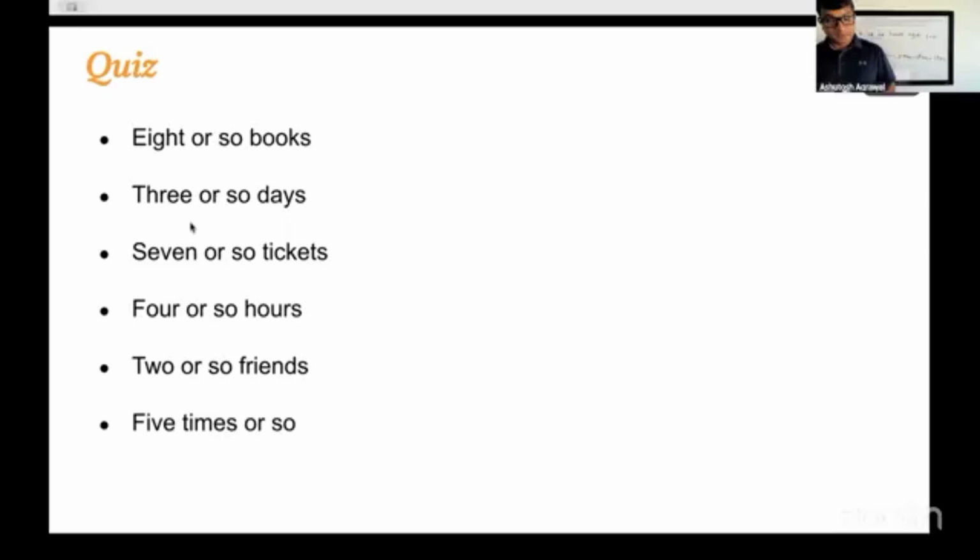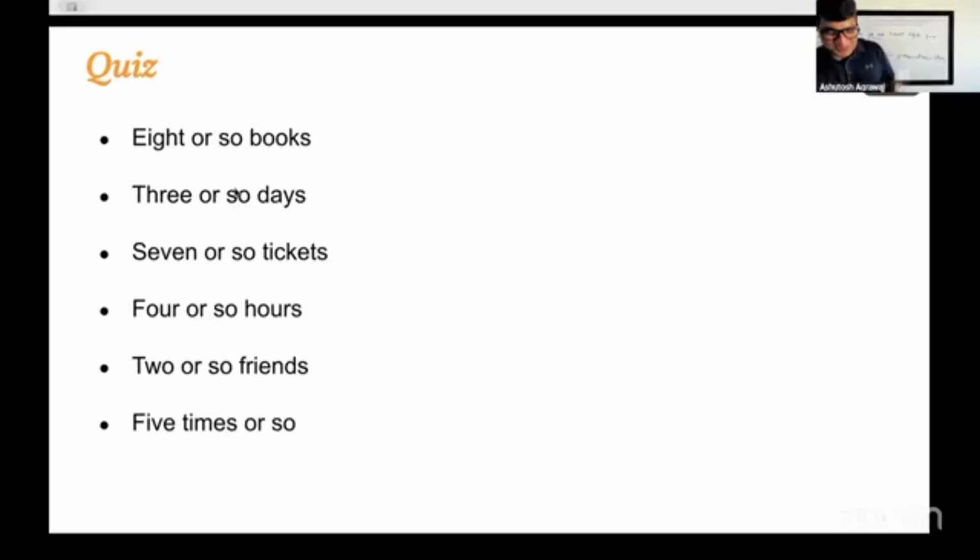Main jaungi. So main Mallorca ko teen ek din jaungi. Okay, for three or so days. Very good. It's a little bit of a tongue twister in some ways.